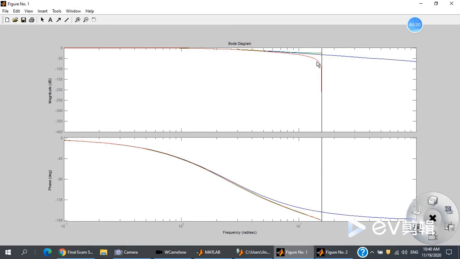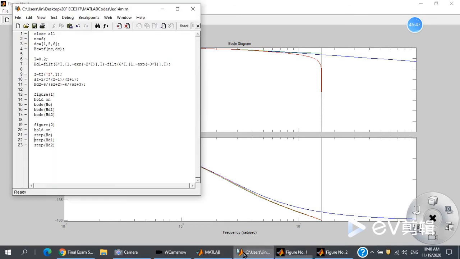The red one has a big gap, and the green one, which is the impulse invariance, has less gap. The red one is the bilinear one.